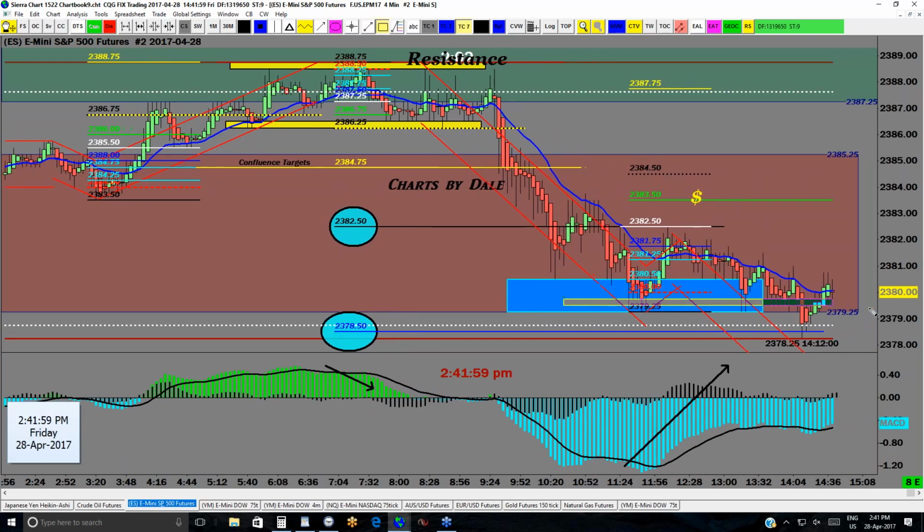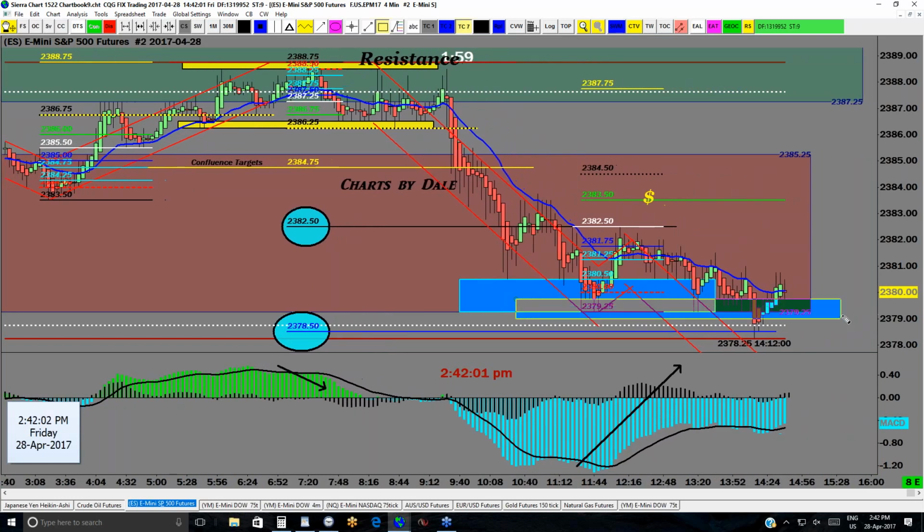It was support, and we're looking for it to regain its composure and become support again. So far it has to take out some highs up here. I'm going to put a little white arrow here. Okay, it has to take out this high to continue, and then we'll look for this support to be in a little better shape, and then you can breathe that your trade is in the money. You can lock in enough to pay the broker.